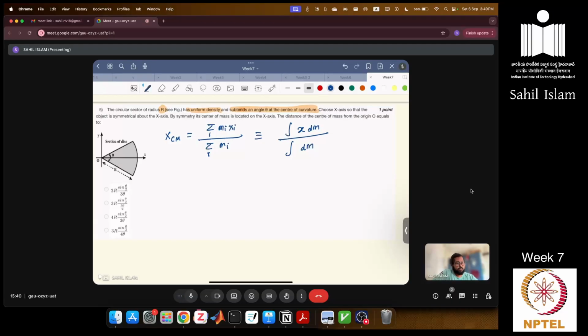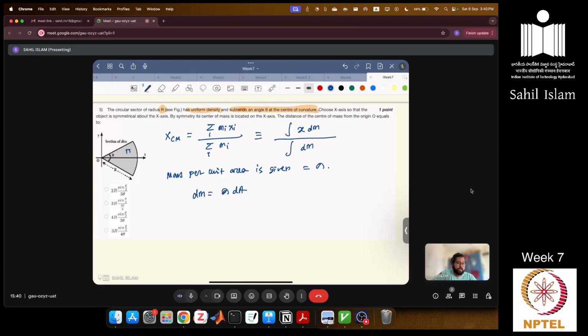In a continuous mass distribution, we can write it like this: the location times the mass element, divided by the total mass. Now let's assume that mass per unit area is given and is equal to sigma. Then we can write dm equals sigma times dA, for a small area dA.